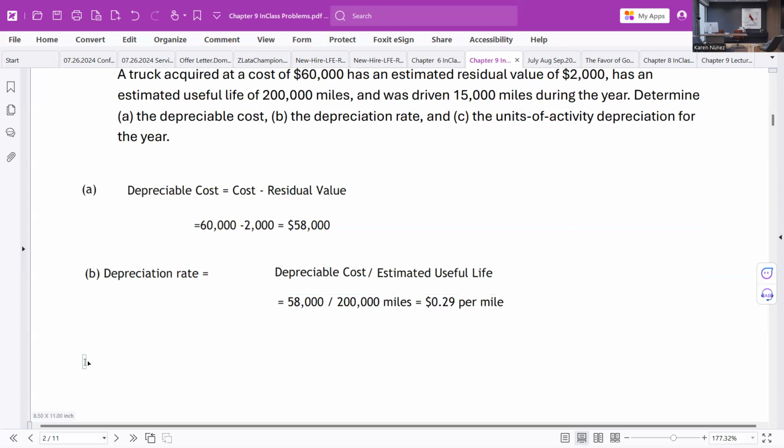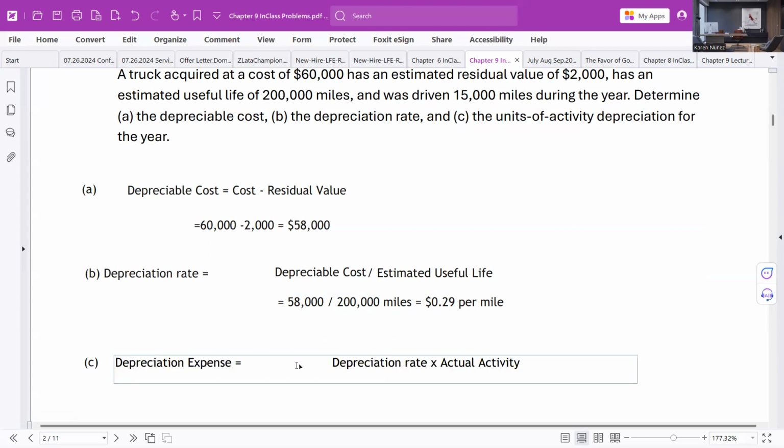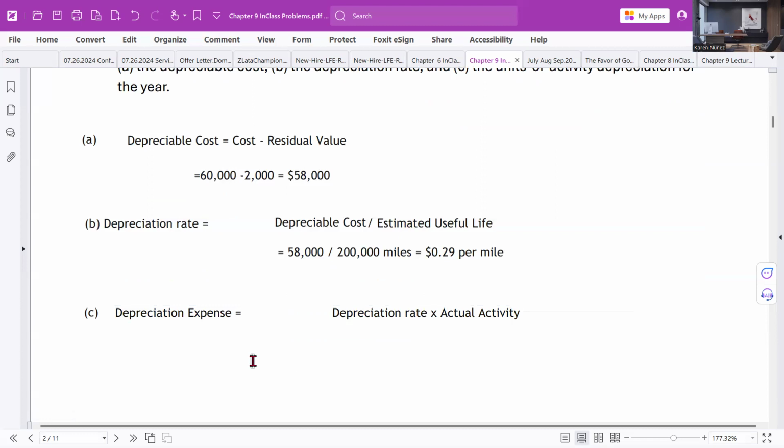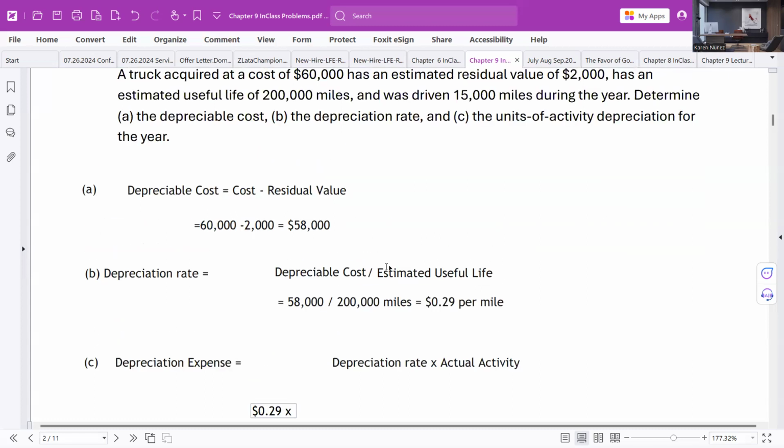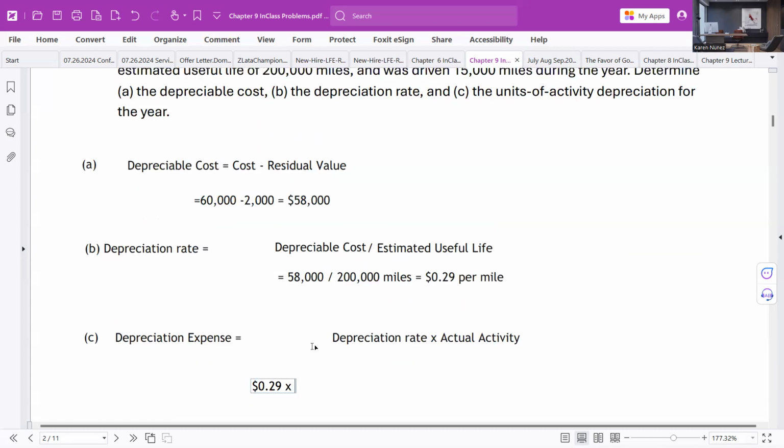If we want to know how much depreciation should be recognized, the depreciation expense is just the rate times the activity. The rate is 29 cents, and the activity was 15,000 miles during the year. 29 cents times 15,000 is $4,350.